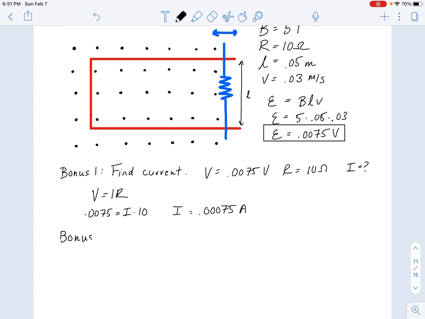Here we go, bonus number 2. Which way does the current go? Okay, so first of all, we have to assume whether we are expanding or decreasing the size of the loop.